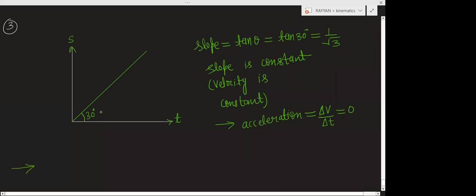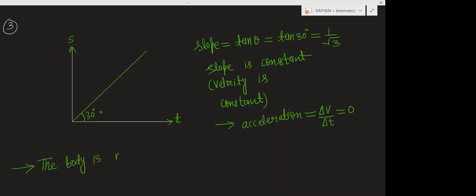So you can just write here: the body is moving with uniform velocity.